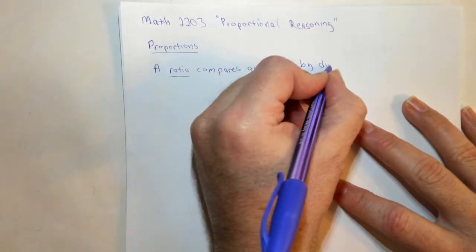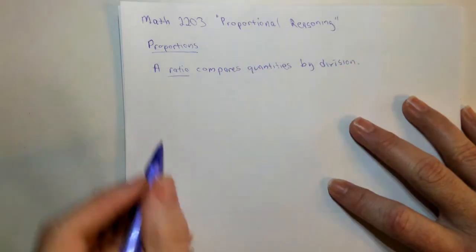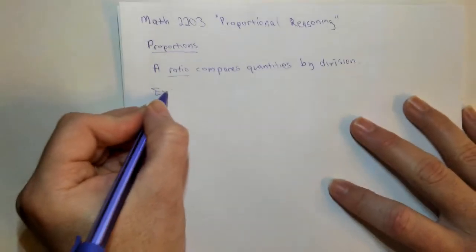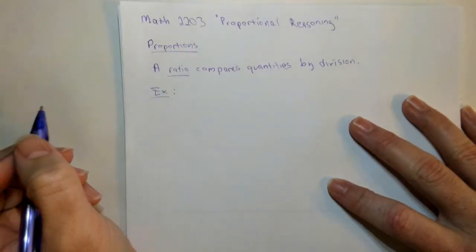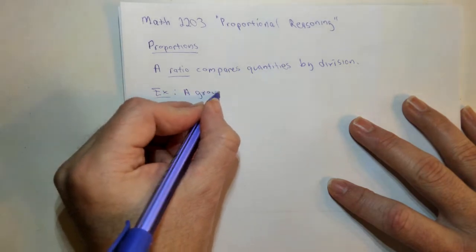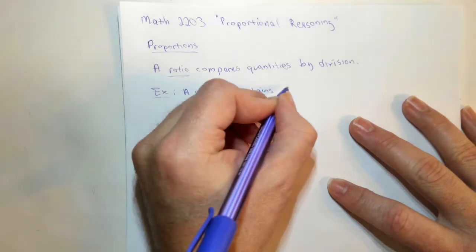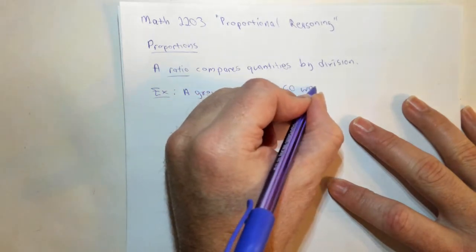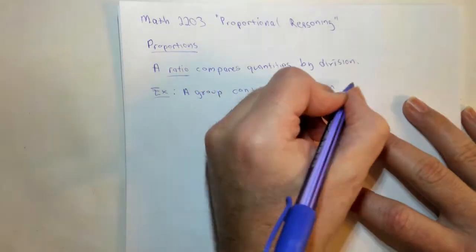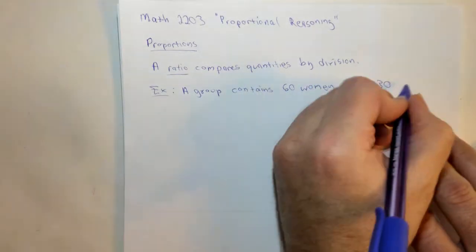All right, so a real simple example to think about is the following. So a group contains 60 women and 30 men.